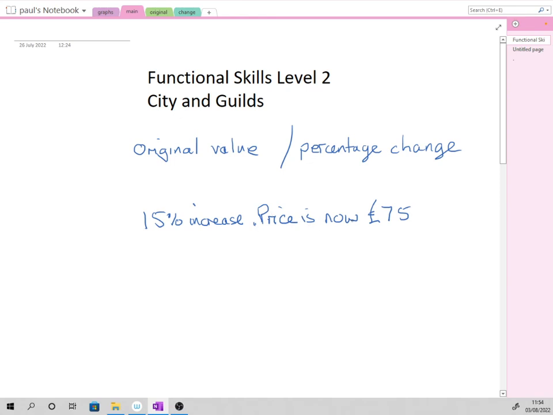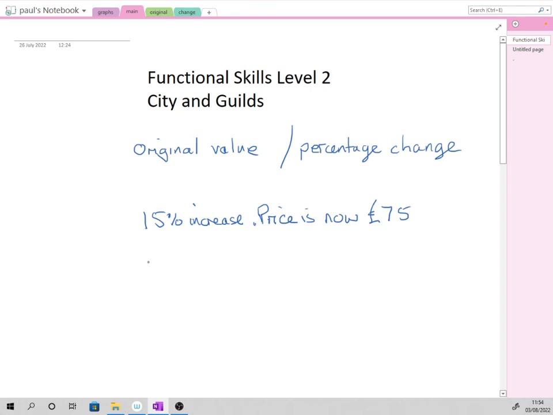So what we do now is we know that the new price is £75, and this includes the 15% increase. So the original price, we could say, was 100%. We've added 15% onto it, and we've arrived at 75.